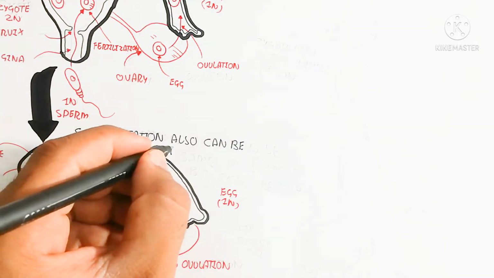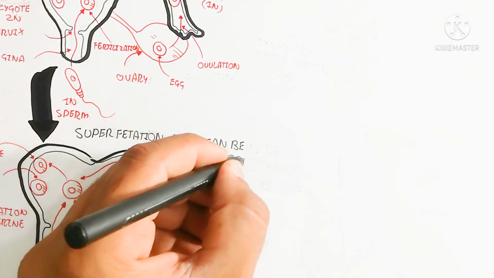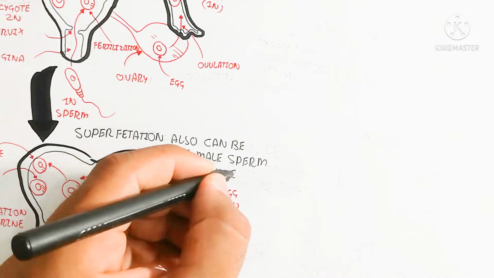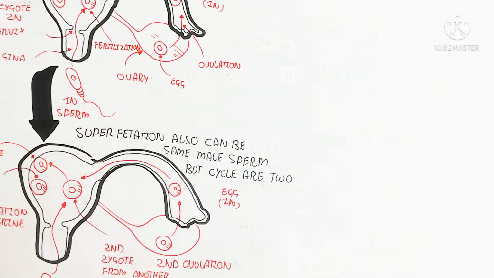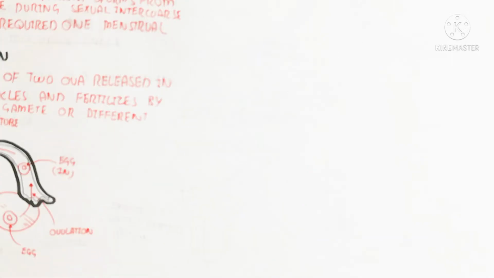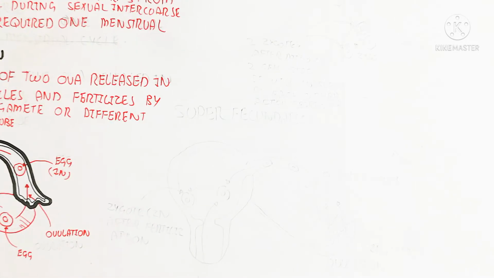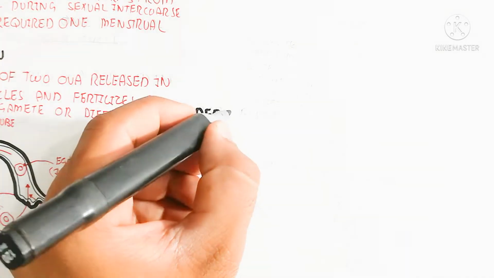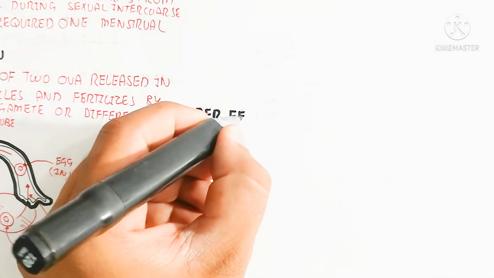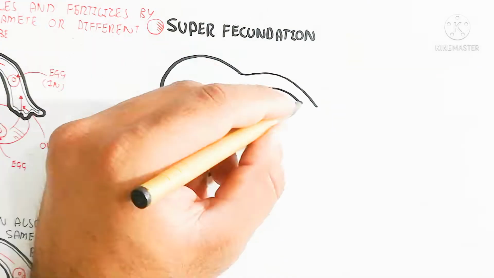So in this case, one fetus will become bigger and the other smaller. The superfetation can also involve the same male's sperm, but the cycles are two. So two cycles are required for superfetation, while superfecundation is a separate thing.